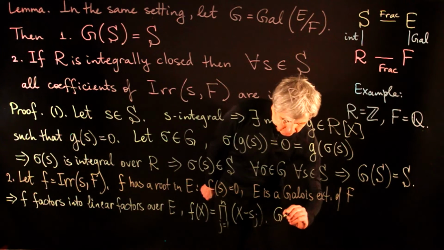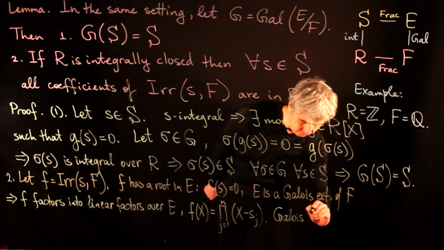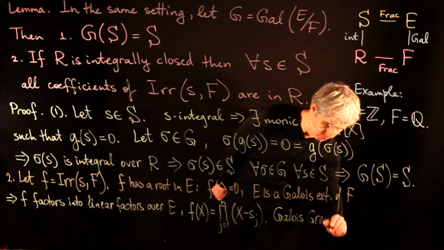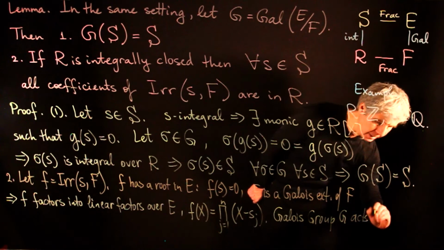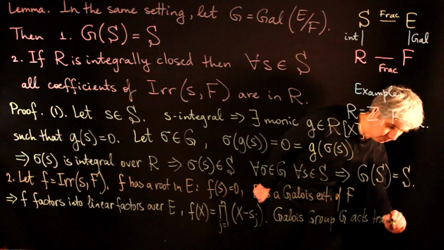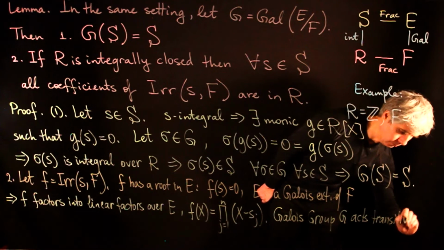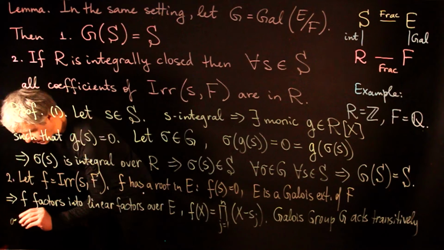And the Galois group G acts transitively on the set of roots.